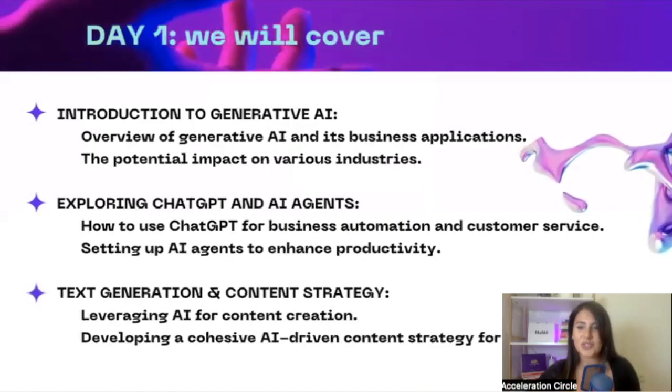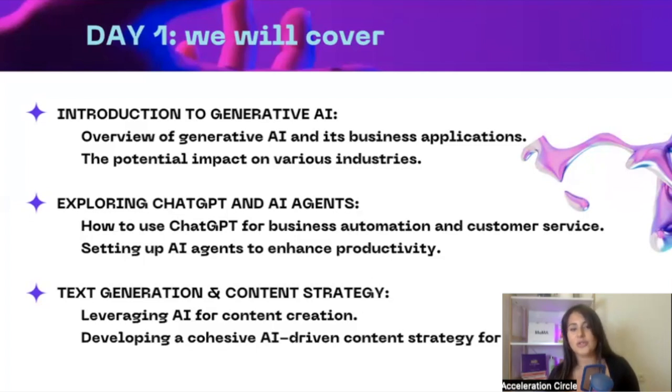Hello everyone, we just started, and we will be talking about AI tools today, especially ChatGPT, and tomorrow we will cover different aspects of AI tools. So during day one, we will talk about what generative AI is, how it differentiates from predictive or traditional AI, what the potential is, and how AI impacts different industries worldwide.